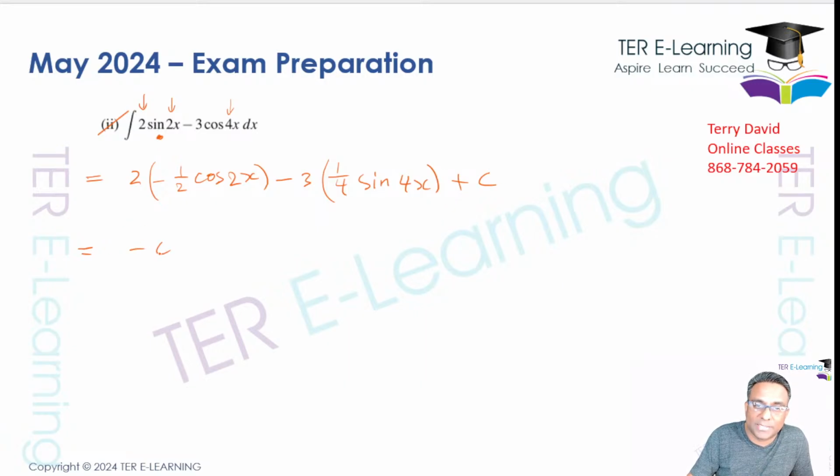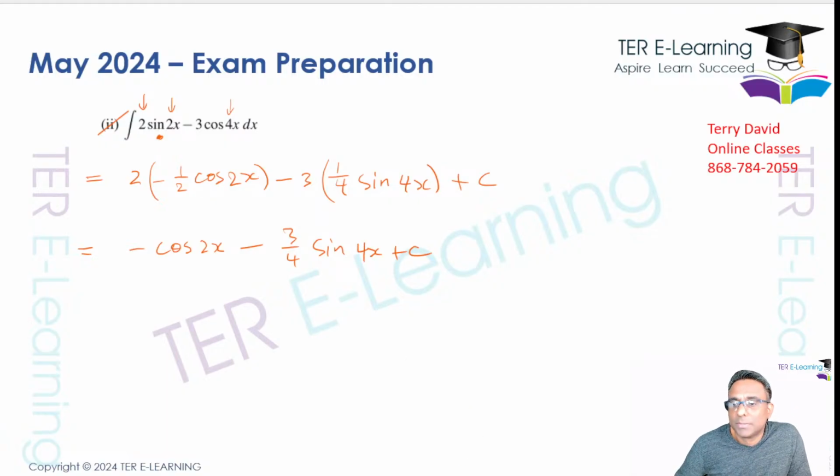So this is going to be minus cosine 2x, minus 3/4 sine 4x. So that's my second part there.